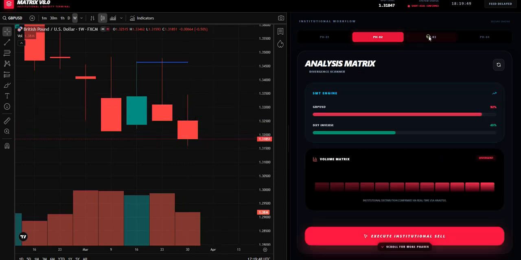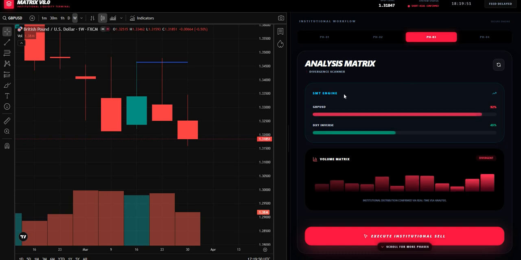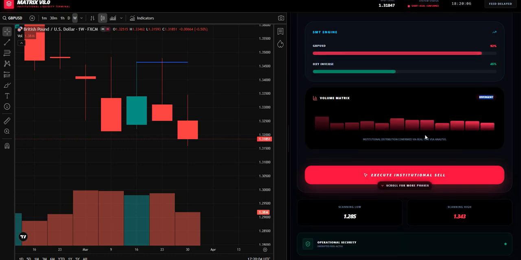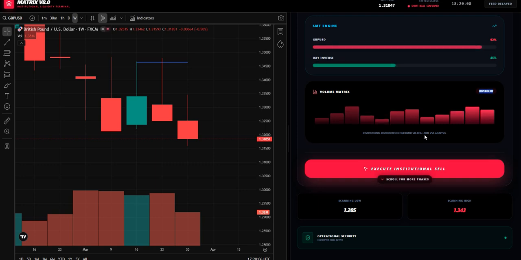Now phase three. Phase three is pretty much a little bit of divergent scanner. So look at the DXY and the pound USD, you can actually see that we do have a divergence, and we also look at the divergence in the volume as well, and it says here there's a divergence that is happening in this particular case. Give us the high and the low.